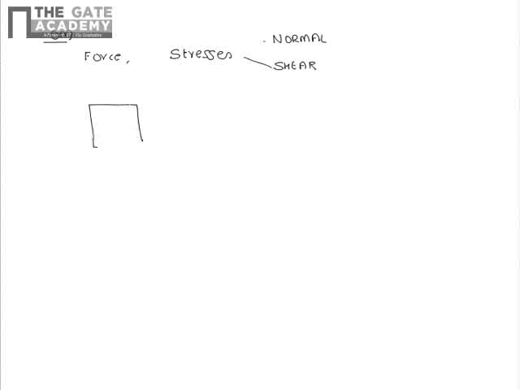If I draw the state of stress of an element, it will be represented like this, where sigma x is the normal stress acting in the x direction, sigma y is the normal stress acting in the y direction, and tau xy is the shear stress.